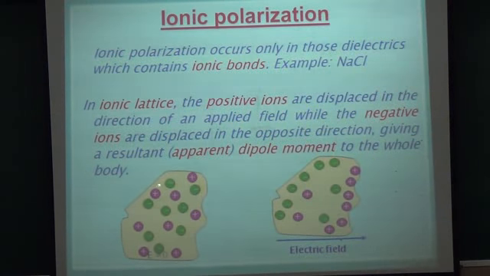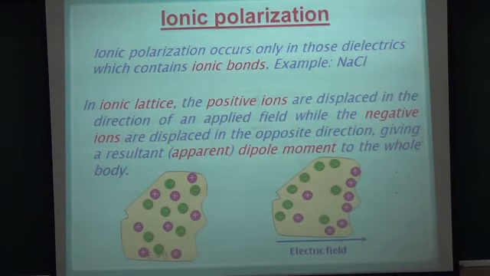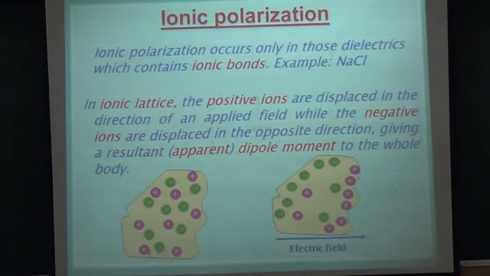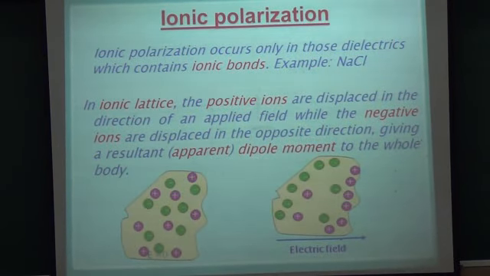Second molecule, third molecule like this. So within the molecule I have a positive charge and negative charges. That means they have a permanent dipole moment. Now what will happen if I apply an external field?